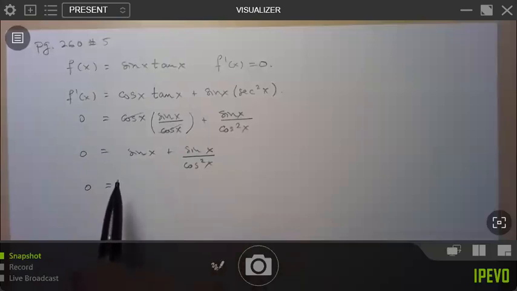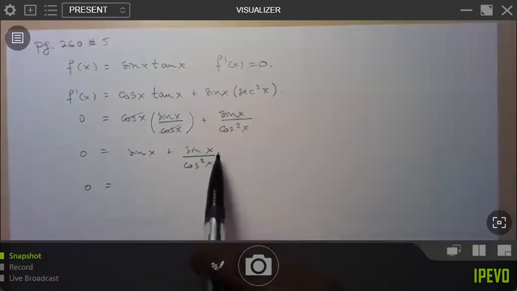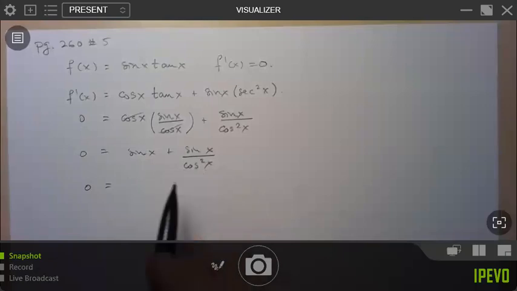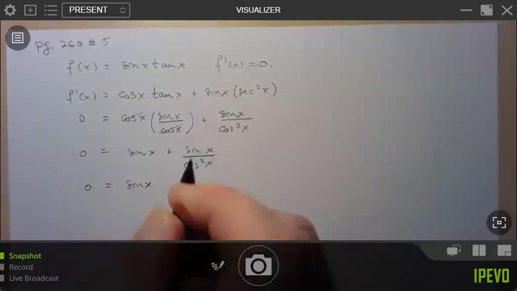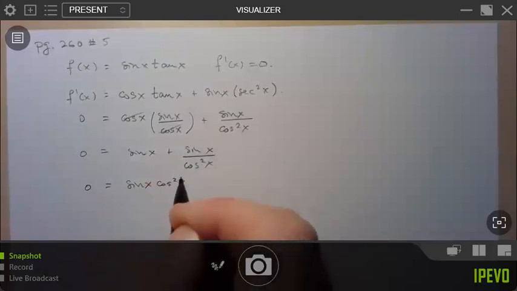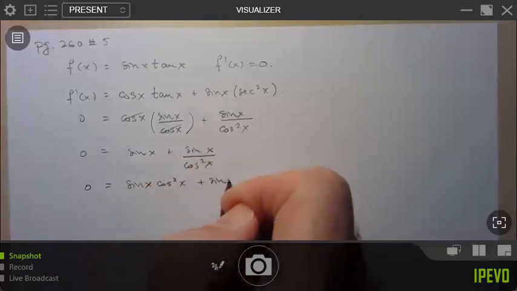So what I could just do is multiply both sides of the equation by the lowest common denominator, which would be cos squared x. Obviously, if I multiply the left side by cos squared x, I just get 0. So here I'm going to have sine x cos squared x plus sine x.